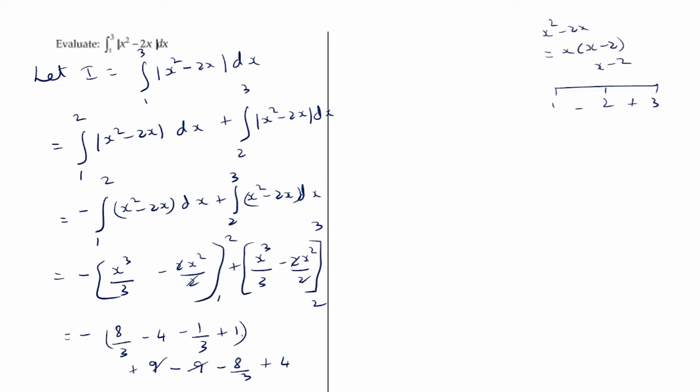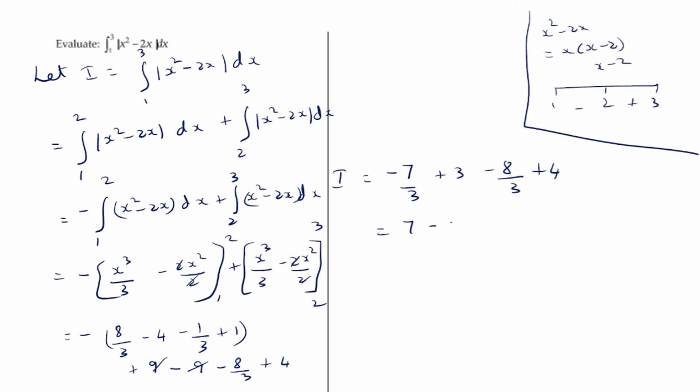So here 9 and 9 will go. So we have I is equal to minus 7 by 3, then we have plus 3 minus 8 by 3 plus 4.